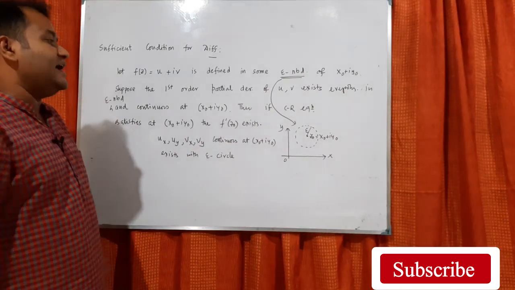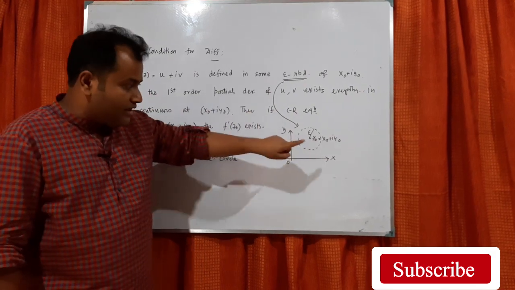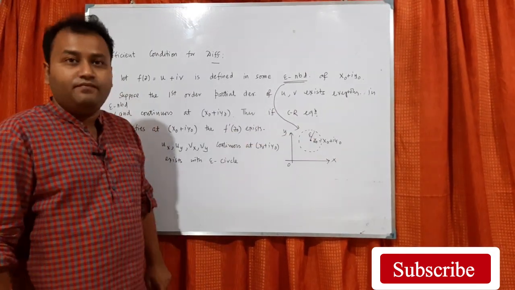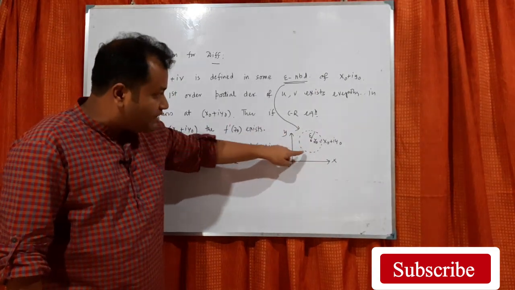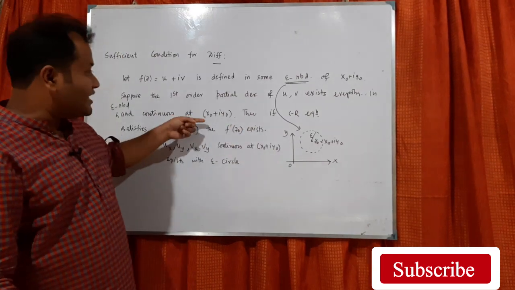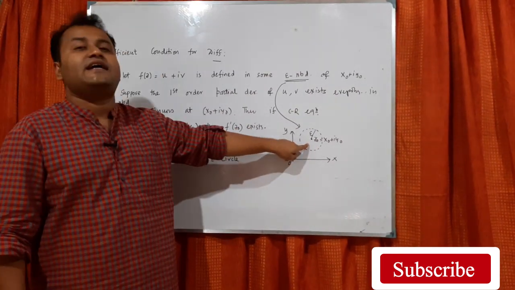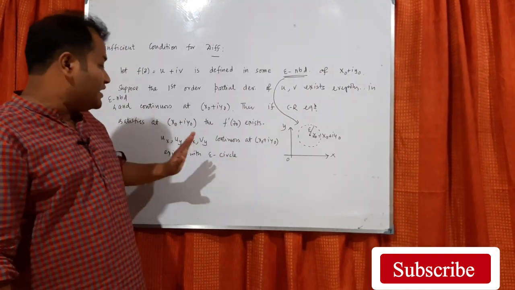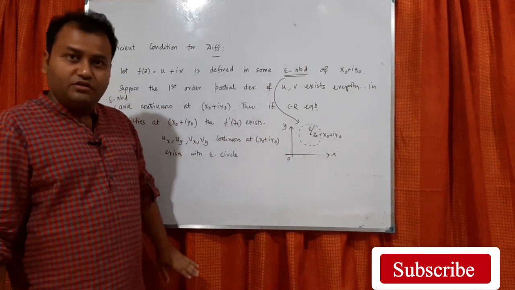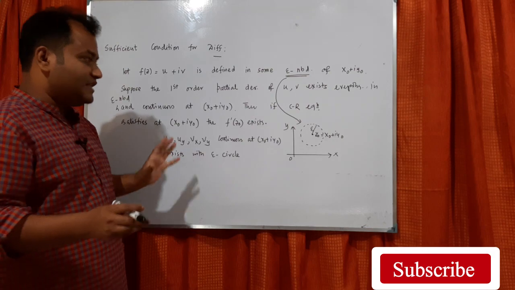So the basic idea is that looking at a single point z naught is not enough. We have to look at the surrounding points also. If in the surrounding points the derivatives of the function are continuous, and it satisfies the CR equation, then it will be differentiable at this point.